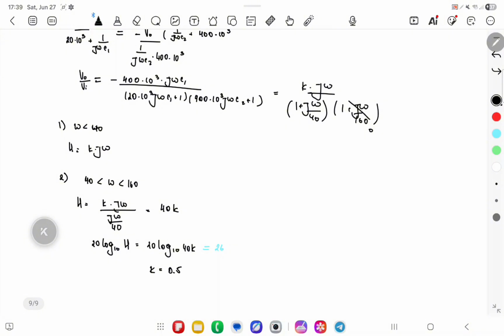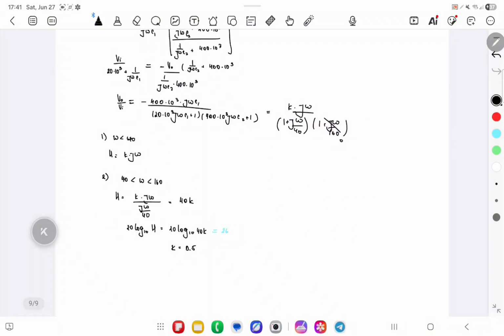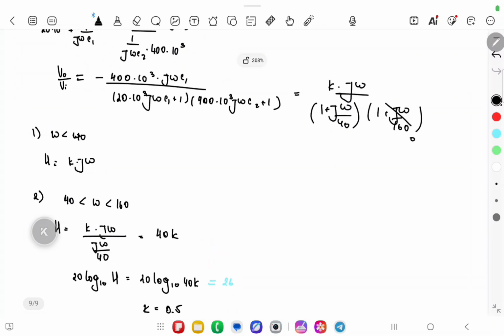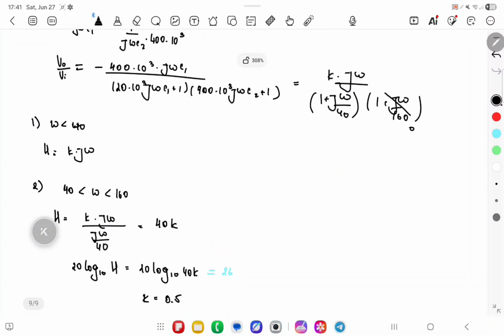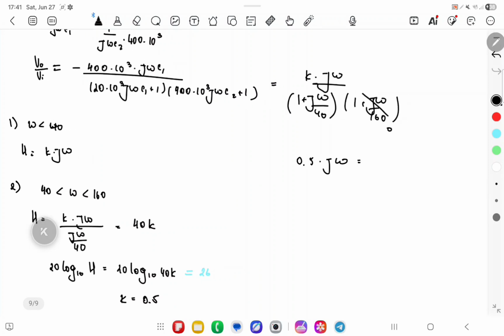So it doesn't really affect our capacitance values because this minus doesn't have anything to do with the magnitude of our capacitances. So now we can calculate the value of our capacitance 1. And since we know that the numerator has to be equal to 0.5 multiplied by j omega, we can equate these two sides together.